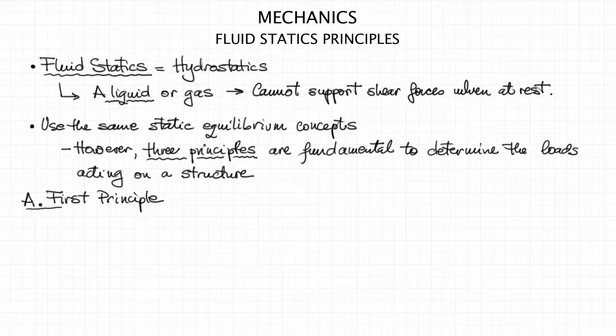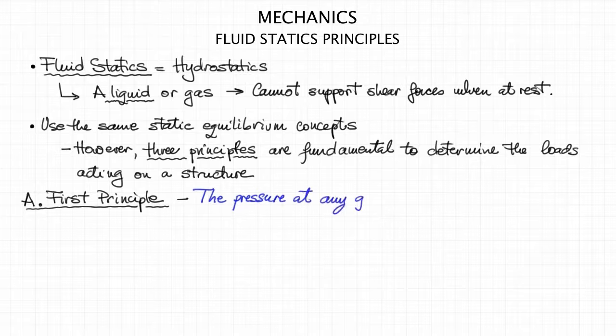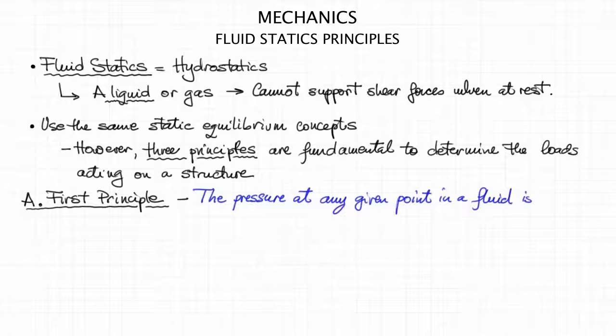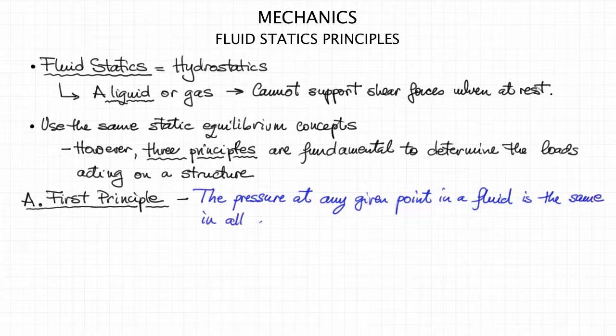So let's start with the first principle, which states that the pressure at any given point in a fluid is the same in all directions. This is a principle which is also known as Pascal's law, as it was established by Blaise Pascal, a French physicist.